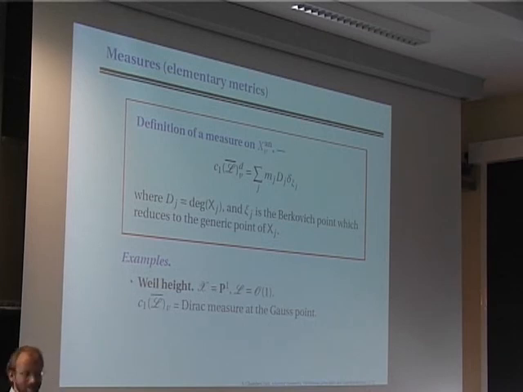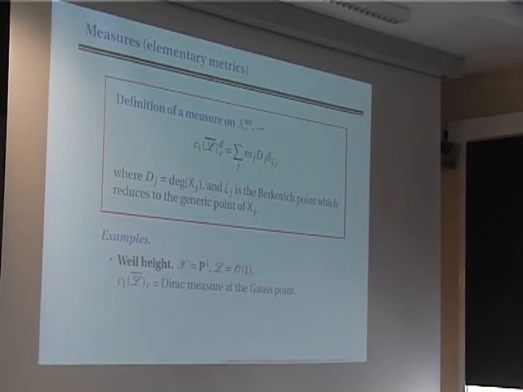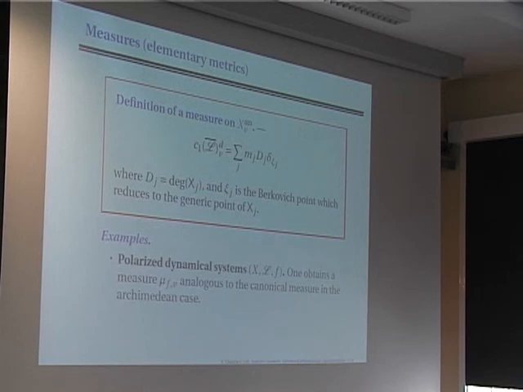And the point ψ, which corresponds to the special fiber, is exactly the Gauss point. So the measure you get is exactly the Dirac measure at the Gauss point. And if you look at polarized dynamical systems, then you will get in a similar way a measure on the space, which is similar to what happens here.